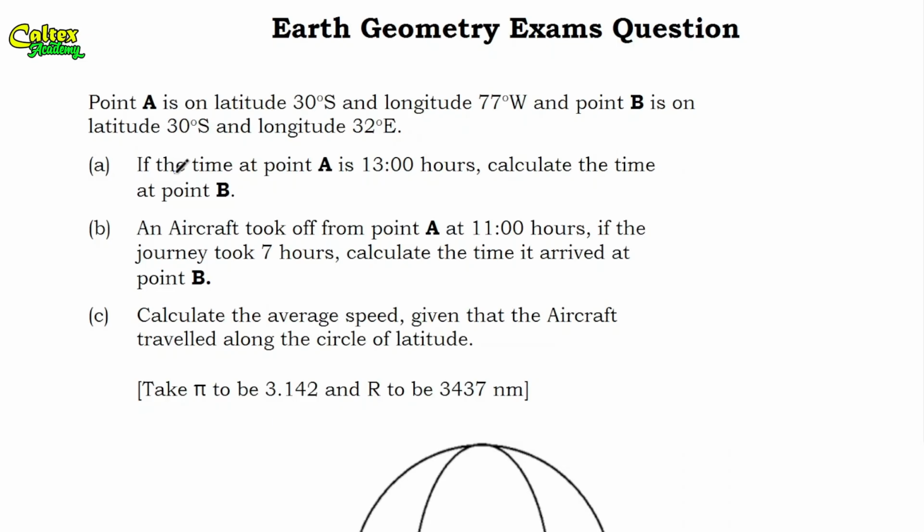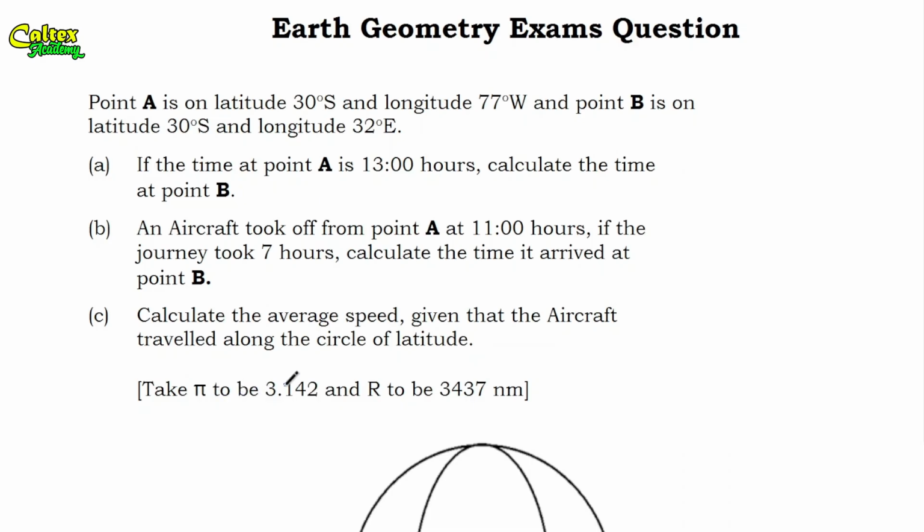Part A: if the time at point A is 13 hours, calculate the time at B. Part B says, an aircraft took off from point A at 11 hours. If the journey took 7 hours, calculate the time it arrived at point B. And lastly, calculate the average speed given that the aircraft traveled along the circle of latitude.